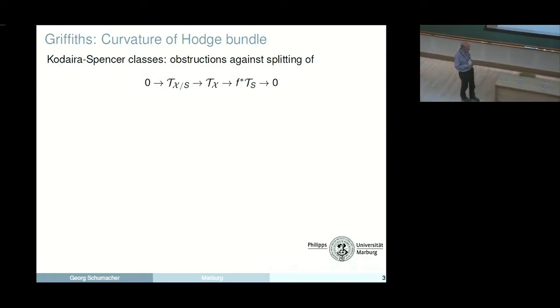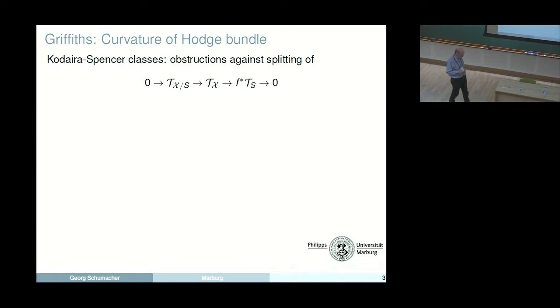And if this sequence possesses a holomorphic splitting, it means that we can lift holomorphic tangent vectors to holomorphic tangent vector fields. And this means that the family is at least locally holomorphically trivial.